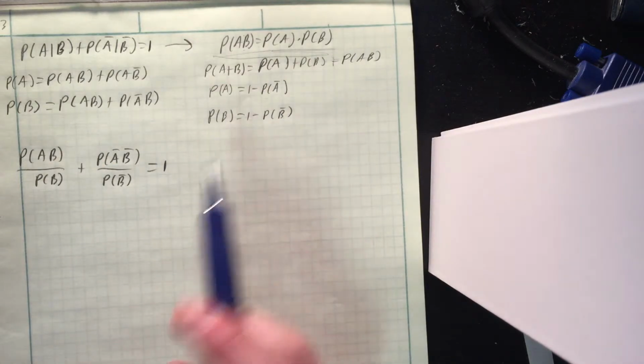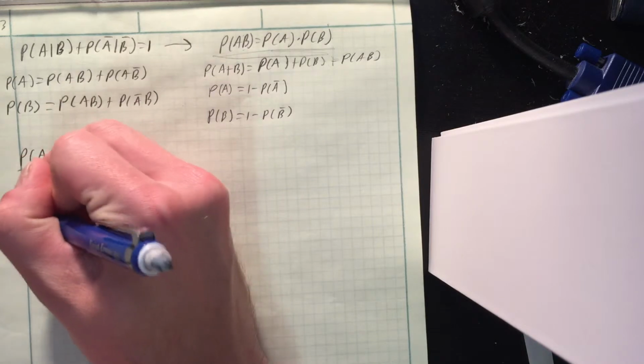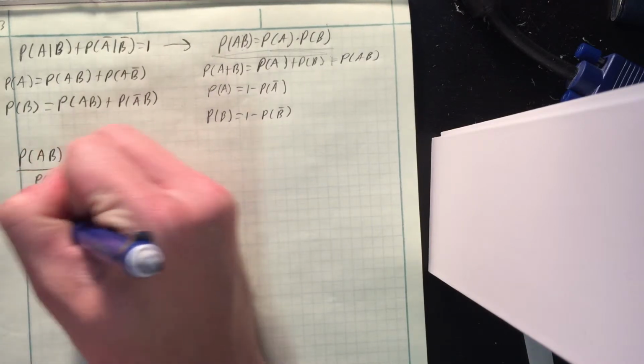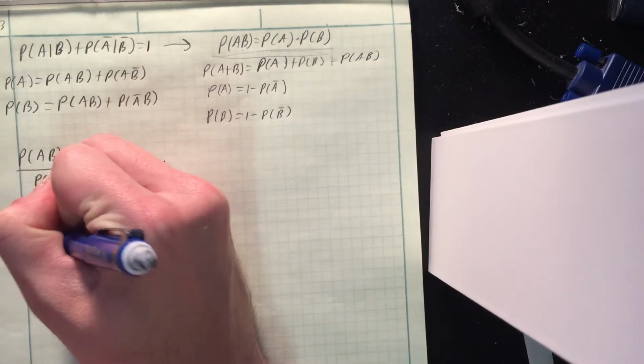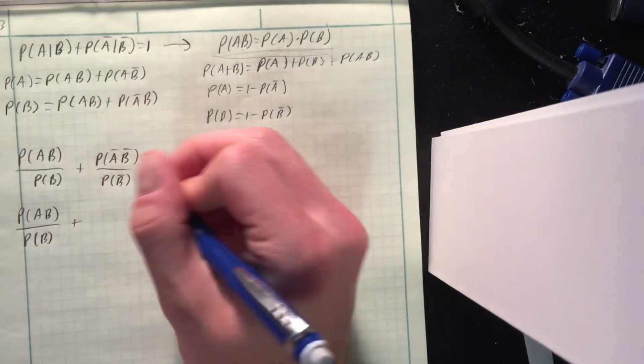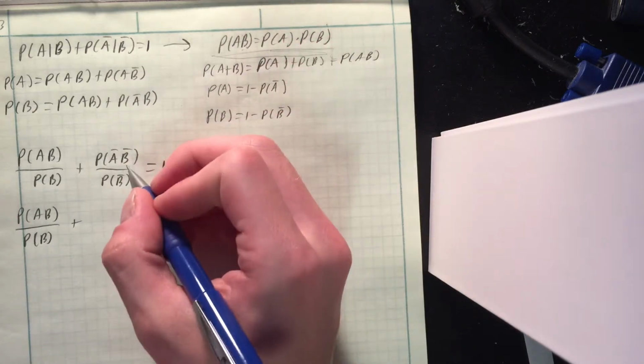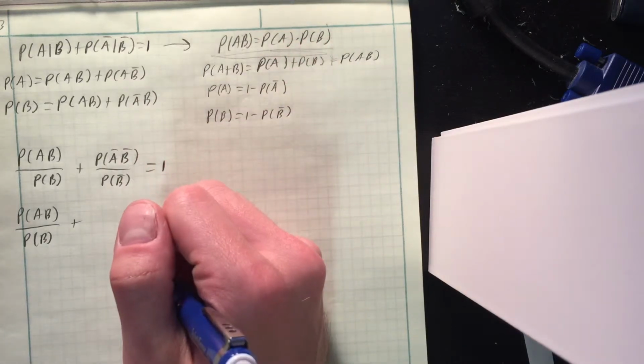Now, I don't see any knots there, so I think the idea would be to try to remove them somehow. The probability of AB over the probability of B is already in a format that we'd like. So if I change this possibly to something more acceptable, that would be best.